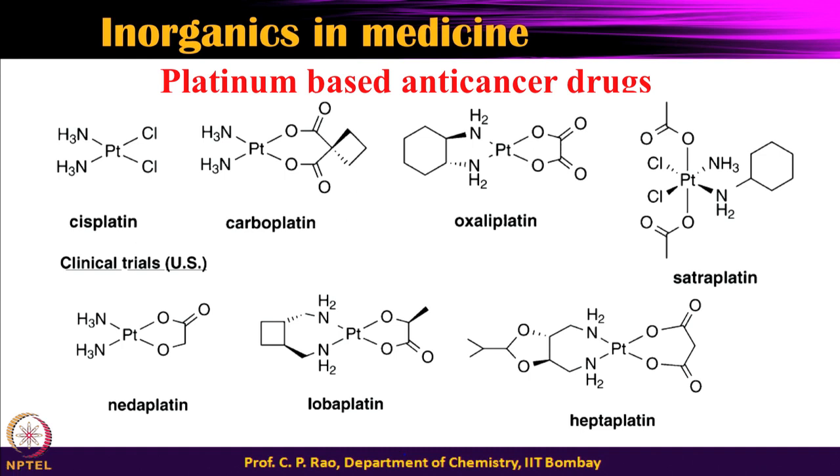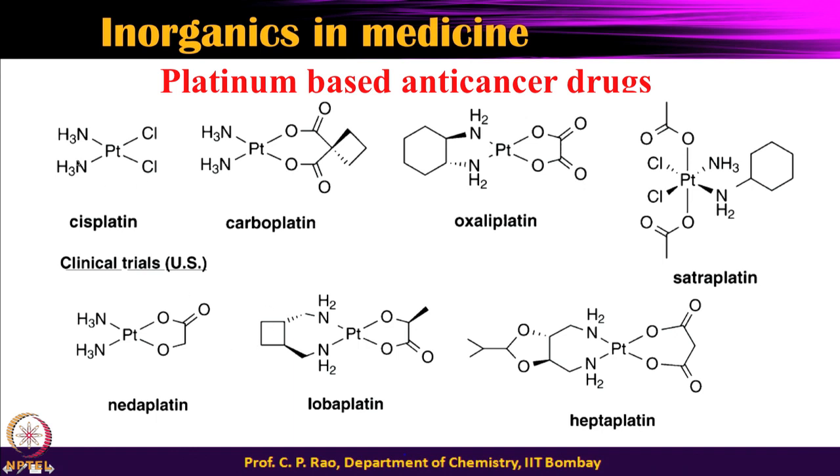Okay, come to the major class of the anti-cancer drugs. We know very well, used in most of the countries, still underused in some countries too, are the platinum based drugs. So, cisplatin and carboplatin and oxaliplatin and satraplatin and nedaplatin and lobaplatin and heptaplatin, see all of them.